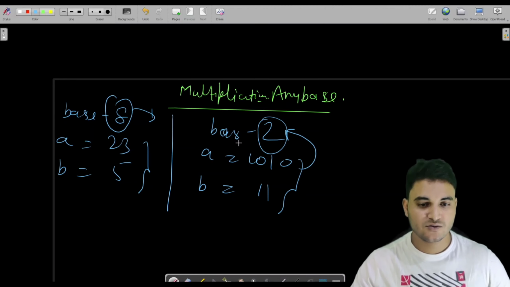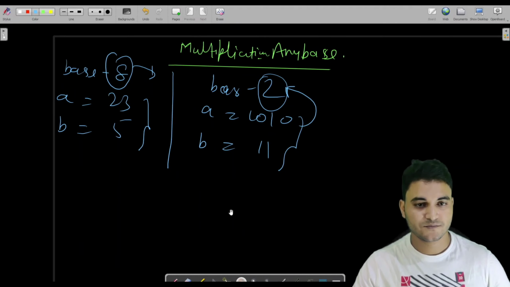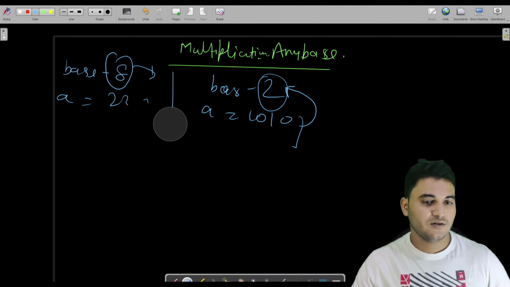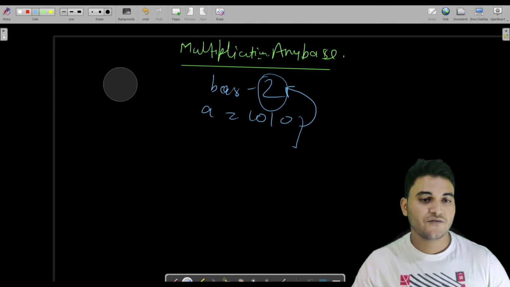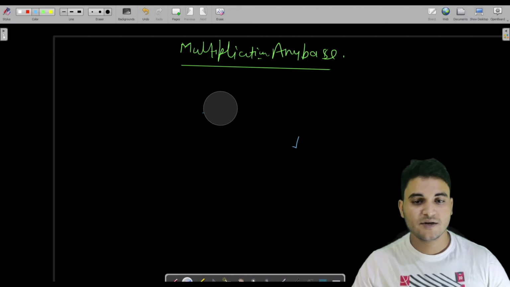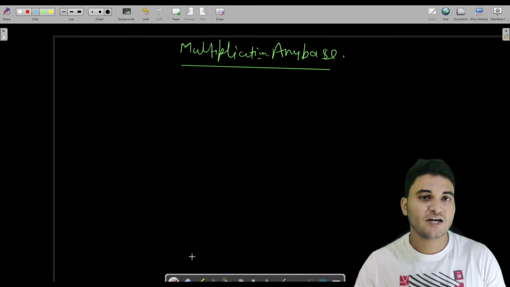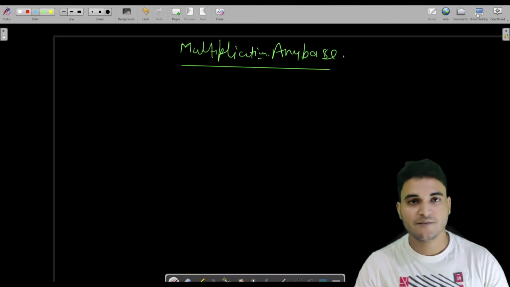So to multiply numbers of any base, what we have to do, if you have been following from the very beginning, is what we used to do: multiply two numbers. The logic for multiplying decimal numbers, binary numbers, even octal numbers is the same, but the only difference is that we are replacing the base values.